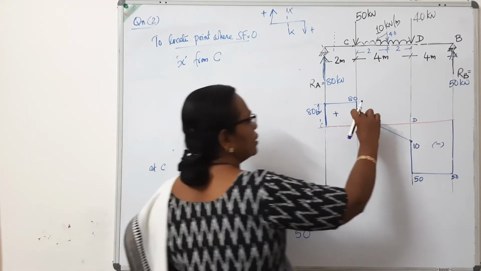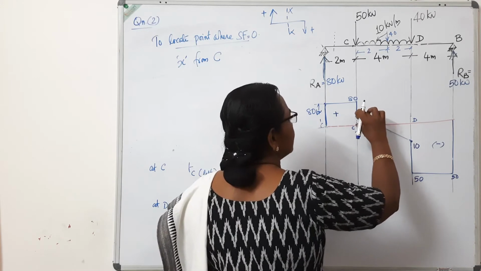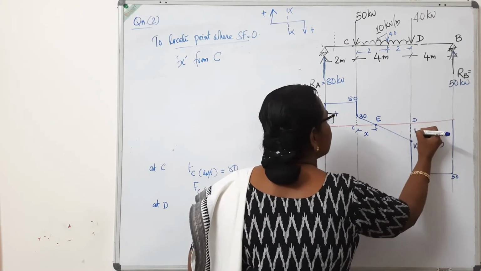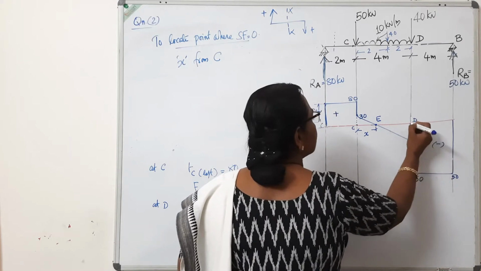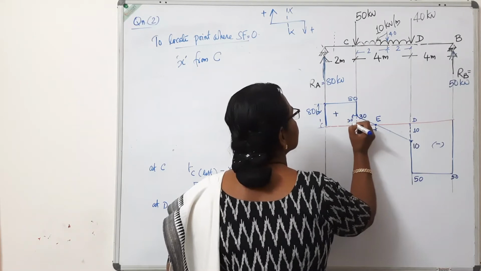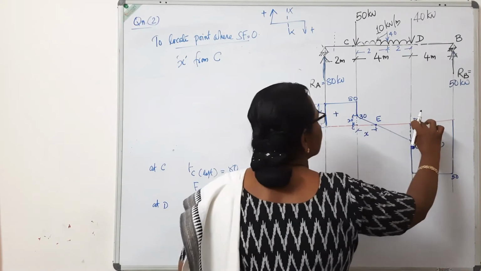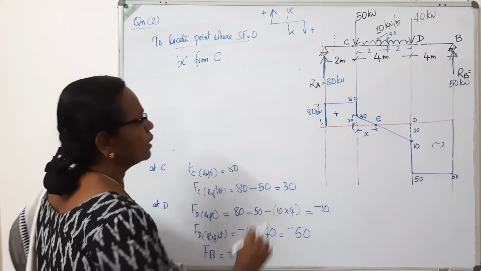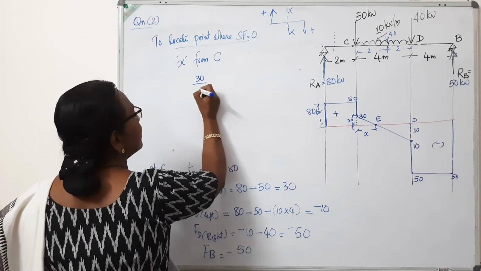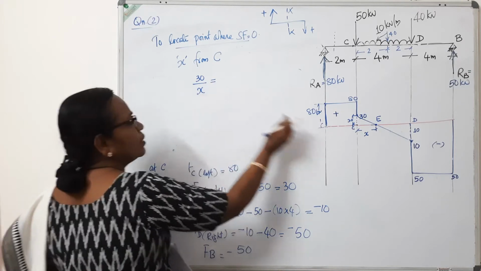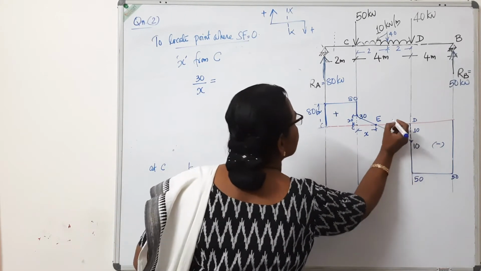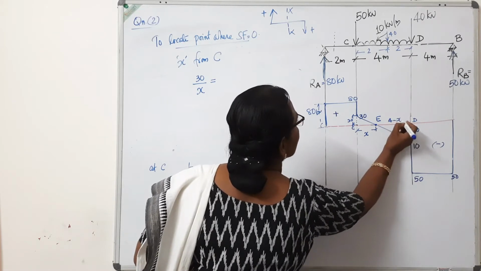From the similar triangles, this triangle, this is 30 units. And this triangle, this is 10 units. It's marked here. This is 10, 30 and this is 10. So I can write 30 divided by x is equal to 10 divided by this distance, which is 4 minus x.